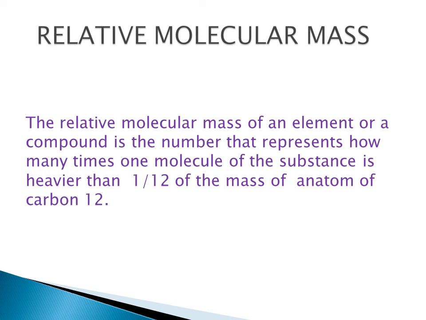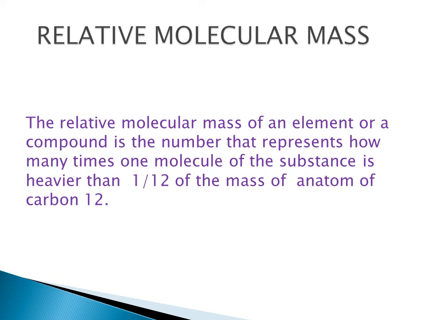A molecule, for example, if it is a water molecule, we know that it is made up of hydrogen atoms and oxygen atoms. There are two hydrogen atoms and one oxygen atom in a water molecule. So the mass of one molecule of water, or molecular mass of water, is equal to the total of atomic masses of two hydrogen atoms and one oxygen atom.